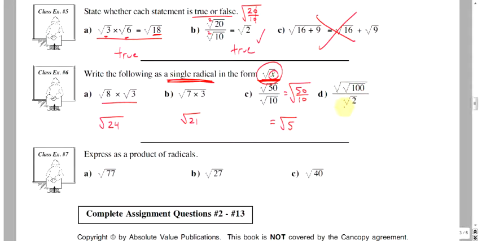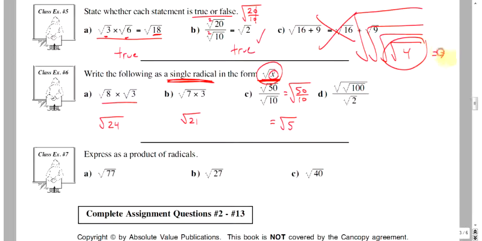Uh-oh. Now what do I do? Who remembers? When you have a whole bunch of these, how do I want to do this? From the inside out. Do I know that? Yeah, that's 2. So do I know this? Do you know the square root of 100? Yeah, that's 10. So I have this big one.